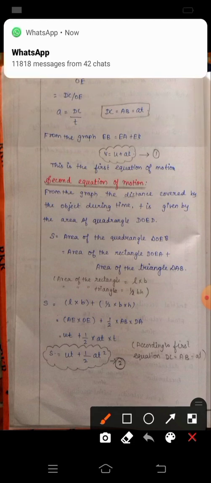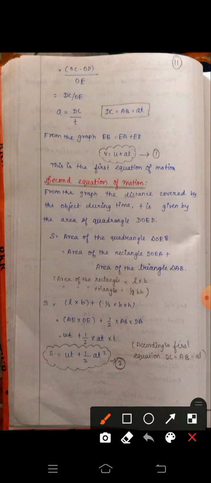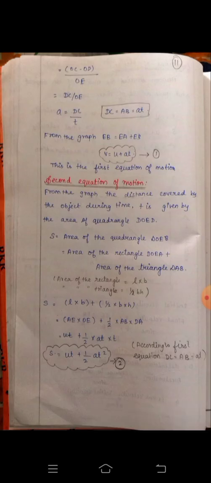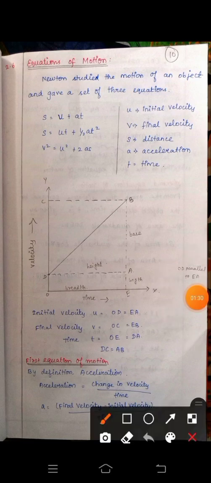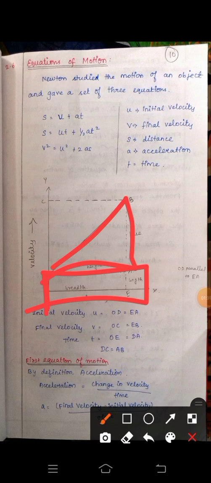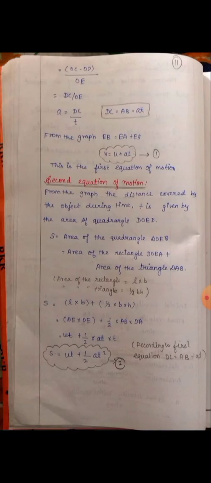See here, from the graph, the distance covered by the object during time T is given by the area of the quadrangle. Area of the quadrangle is equal to area of the rectangle plus area of the triangle. DOEA is the area of the rectangle and this is the area of the triangle. Area of the rectangle is length into breadth, area of the triangle is half BH.